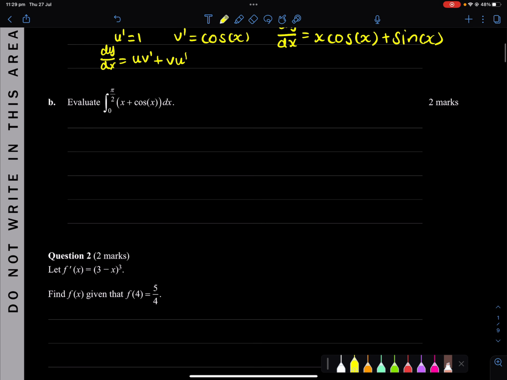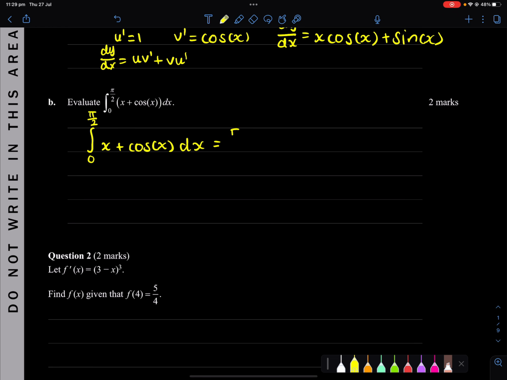Next one. Evaluate the integral from 0 to pi over 2 of x cos x plus cos x dx.